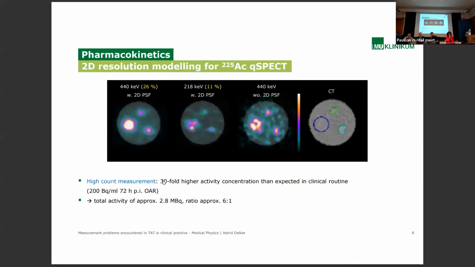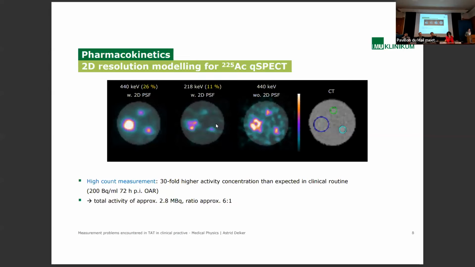High count measurement means that we use a 30-fold higher activity concentration than what we expect in clinical routine. We analyzed some lutetium PSMA data here and estimated 200 becquerel per milliliter to be the expected activity concentration at 72 hours post-injection in risk organs.